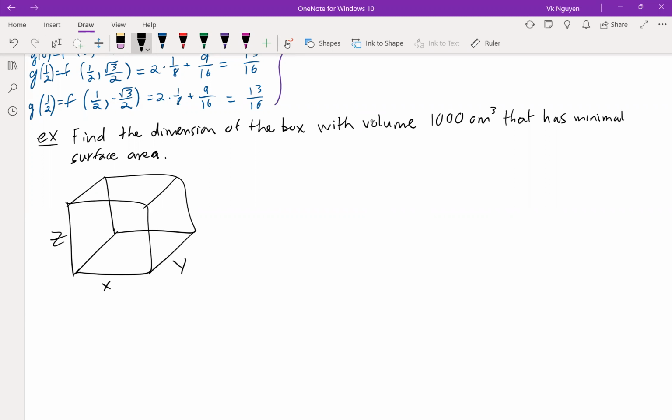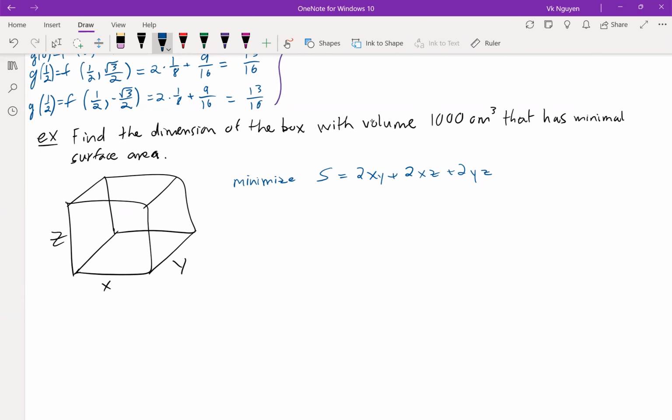So from here, you get two things. You get a surface. According to this one, we have to minimize the surface area, which is 2xy plus 2xz plus 2yz.